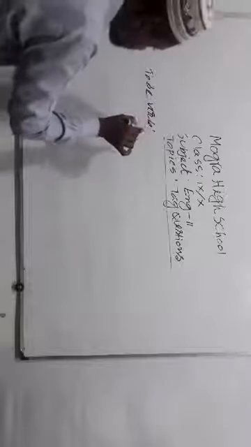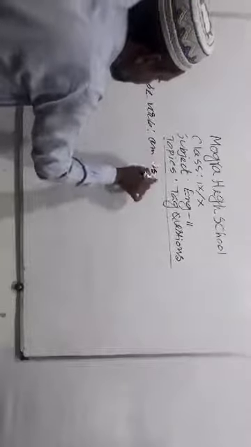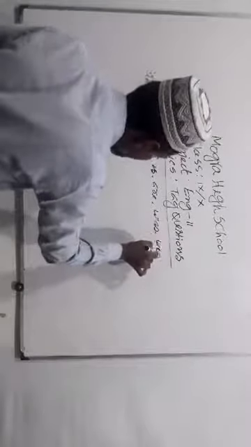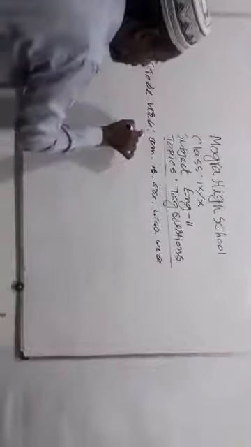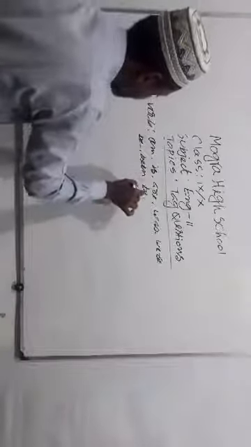Dear students, I am writing the list of auxiliary verbs. To be verbs: am, is, are, was, were, be, been, being.